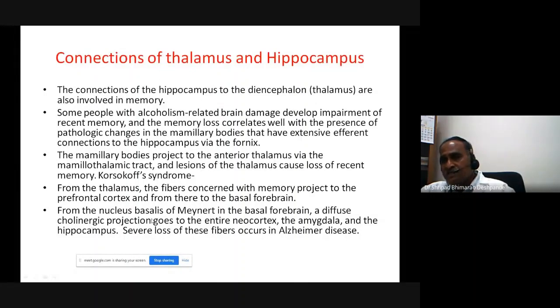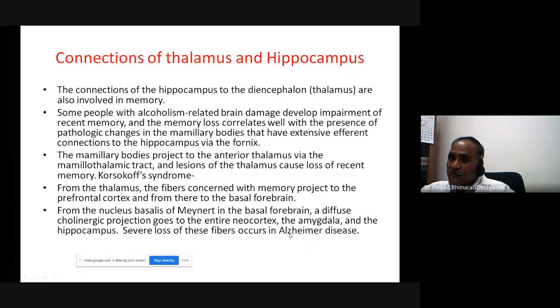These are cholinergic neurons, and once these cholinergic projections are lost, there is a loss of short-term memory, since they are connected with the amygdala and the hippocampus.